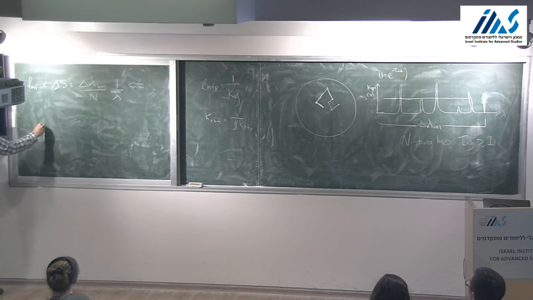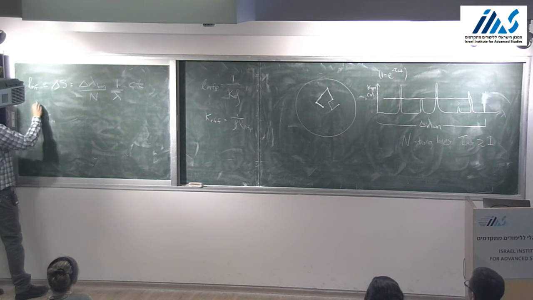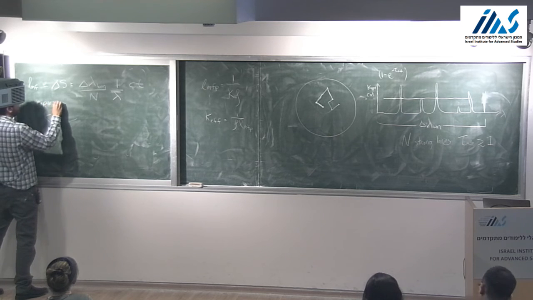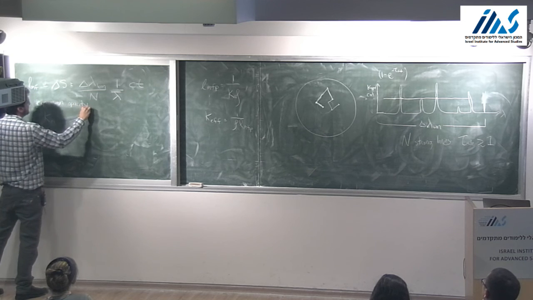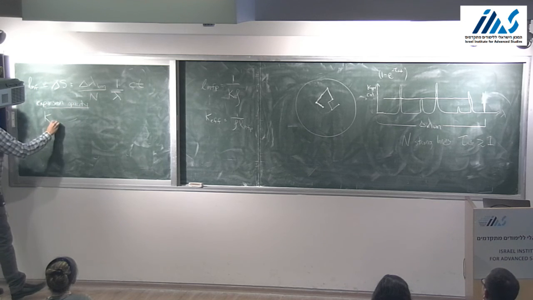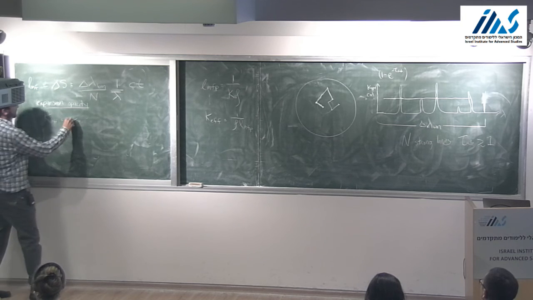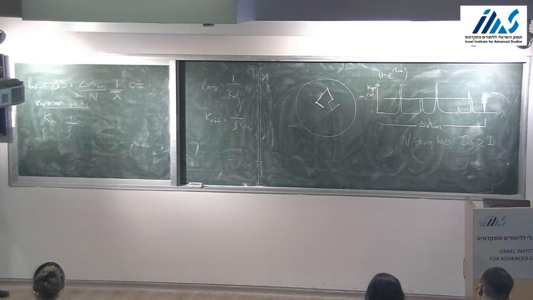And if this is the mean free path, our effective opacity, or what's often called an expansion opacity, is basically 1 over rho times 1 over this mean free path.